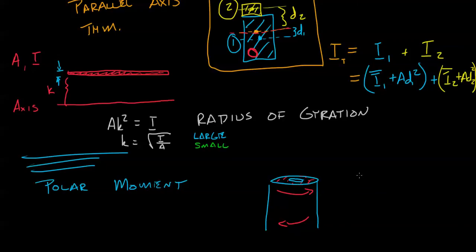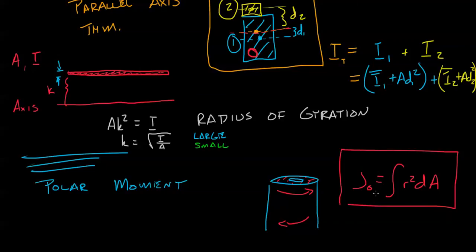Now, if we try and twist it, its ability to resist twisting rather than bending is very similar, which shouldn't come as any surprise. A very similar equation is this. For the polar moment of inertia, we take all sorts of really small shapes all the way around and we integrate r squared dA.